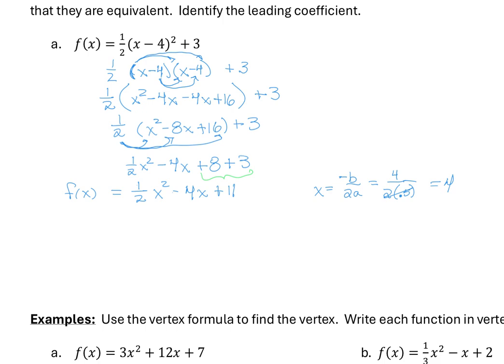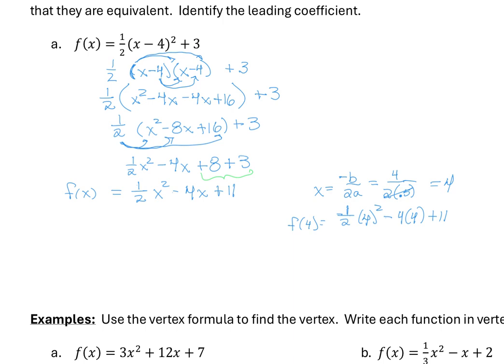If we plug 4 into our function, we get 1/2 times 4 squared minus 4 times 4 plus 11.